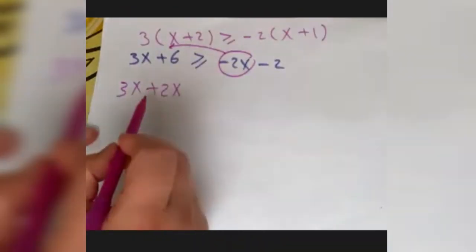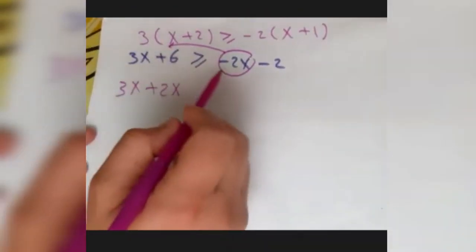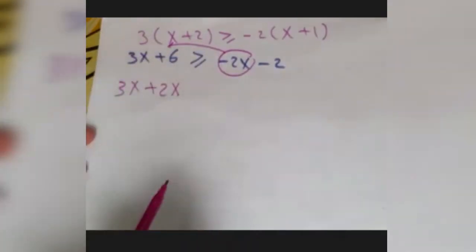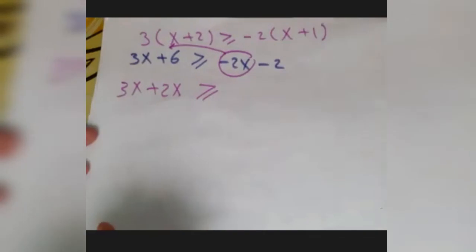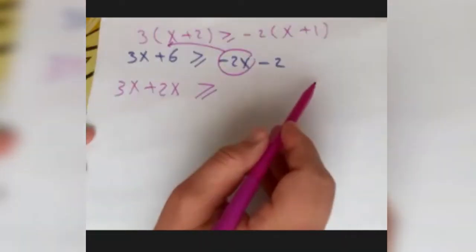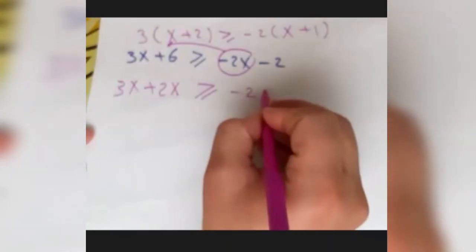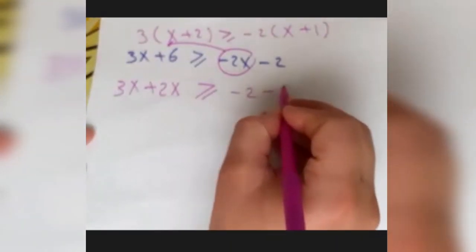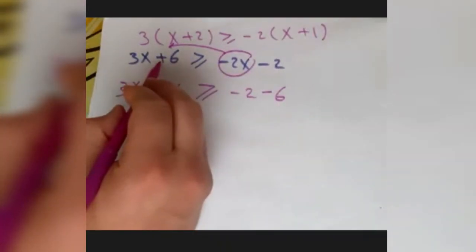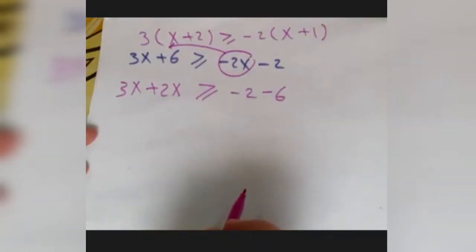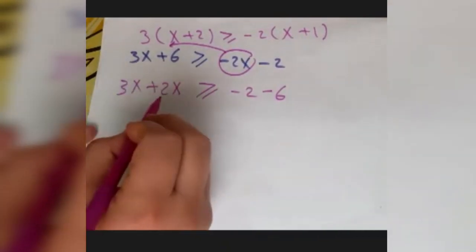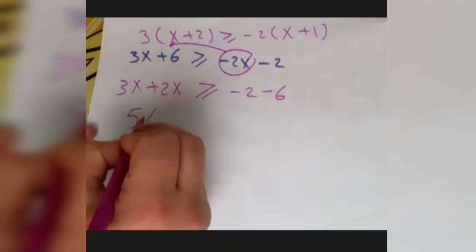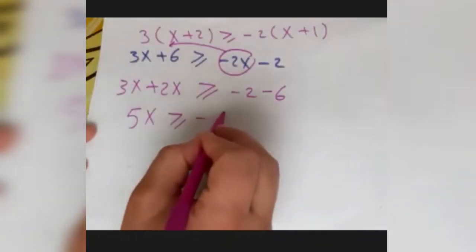Why do we convert this sign? Because we move negative 2x to the second side. We must change negative to positive, greater than or equal, and move positive 6 to the right side. Negative 2 plus or minus? Yes, minus 6, because positive converted to negative. 3x plus 2x, these like terms, equals 5x, greater than or equal to negative 8.